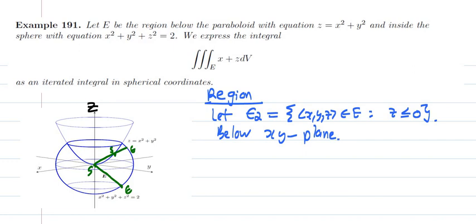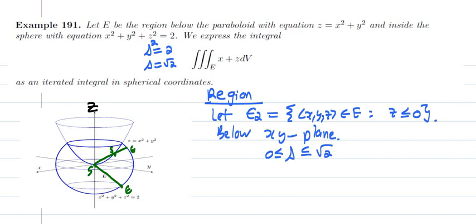Now, if you look at all of the points below the xy plane, you can see that they have rho values between 0 and the radius. If that is the equation, then x squared plus y squared plus z squared, that is rho squared, is equal to 2, and rho is positive, so rho is equal to root 2. So you see that if you're looking at the points in region E, but below the xy plane, rho is between 0 and root 2.